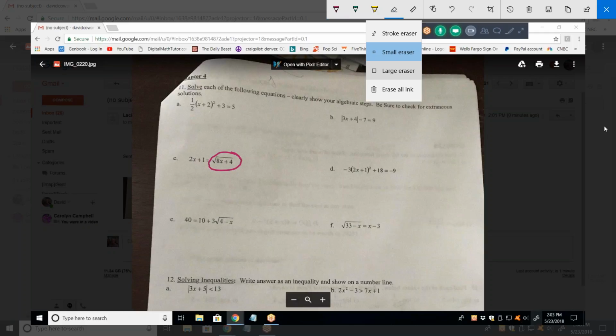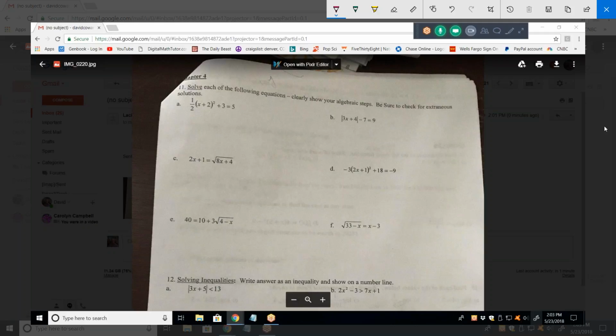So we don't have to do anything to isolate that radical sign. So what is the first step? Would you have to get all the x's on one side? No, when you see radical signs, parentheses, exponents, denominators, get rid of them. That's the rule of thumb. So first, let's get rid of that radical sign. How do I do that?